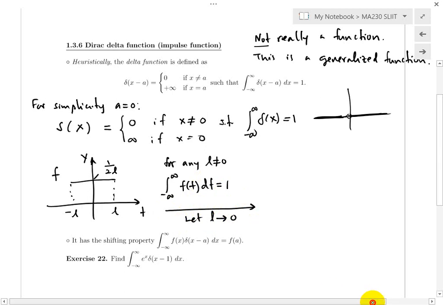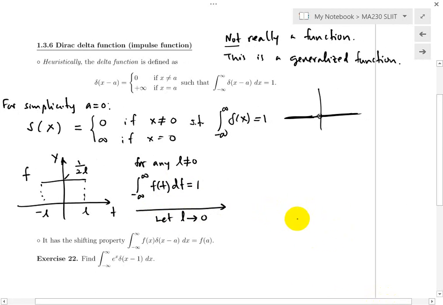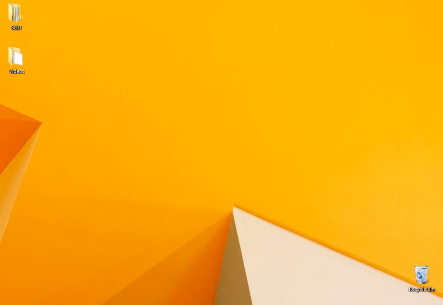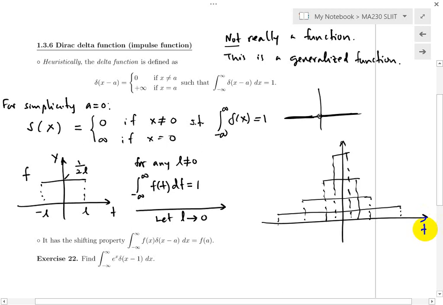Graphically this will look like, if you start with something like this, this may be your first L, and let's say you make it half, so you need to increase the height here, so you may get something like this, and something like this, and something like this. So this is t, this is y.